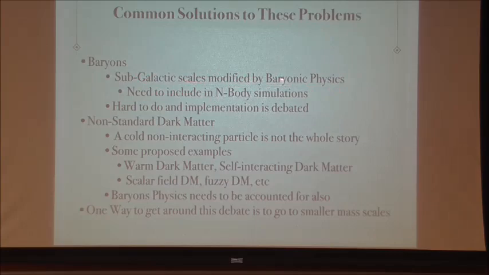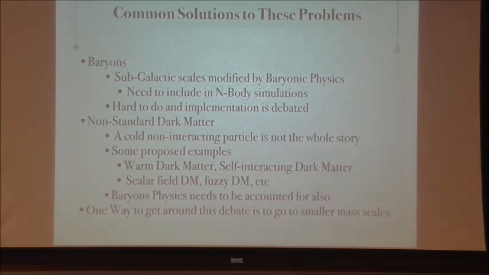So the general idea is, your subgalactic scale is modified by baryonic physics. Just a comment, this is hard to do. Many people debate about it, but it is getting better and better, and they're reproducing more realistic galaxies as time goes on. The second general category is basically that there's some non-standard dark matter.